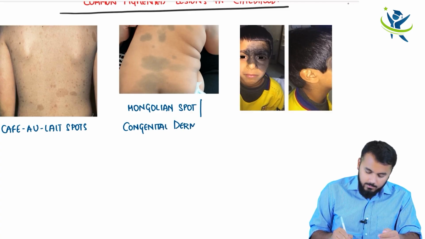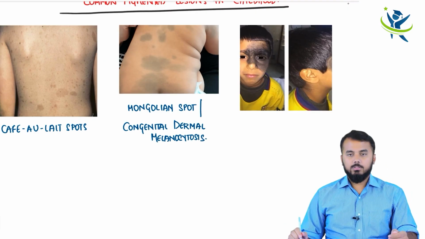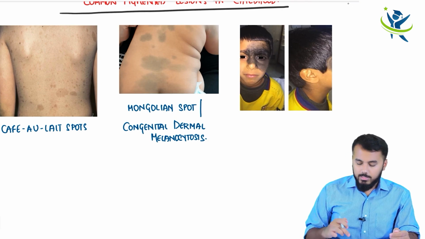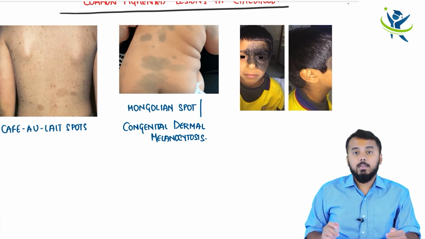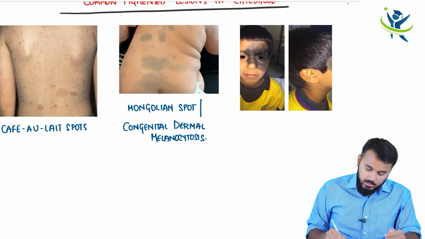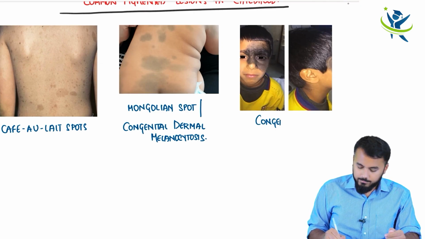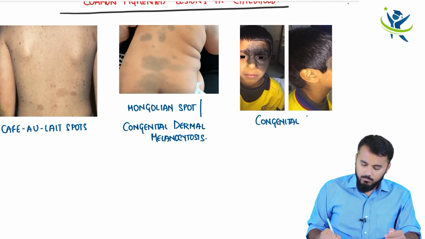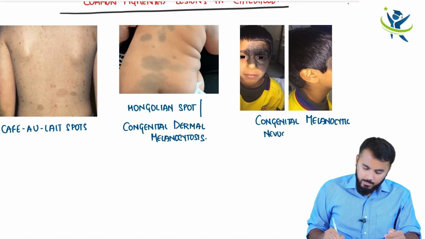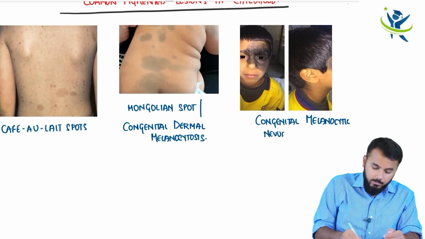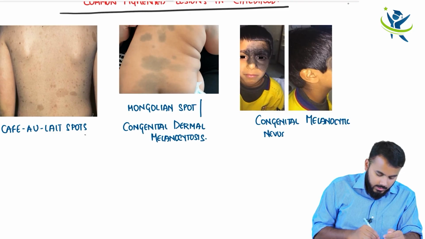And the last one you can see here is called congenital melanocytic nevus.